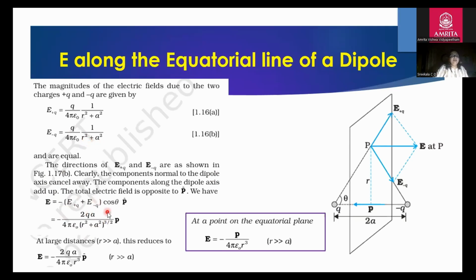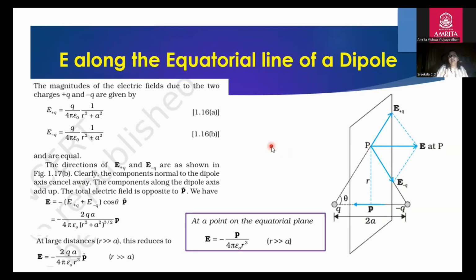Then inside you will get the value root of 1 plus cos 2 theta, which is equal to root of 2 cos square theta.